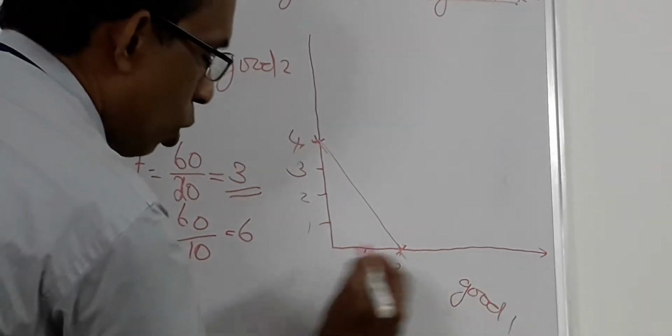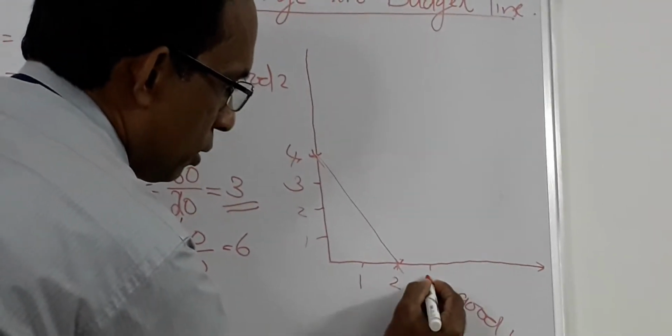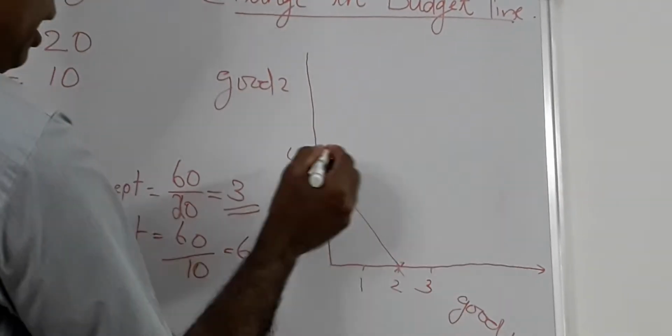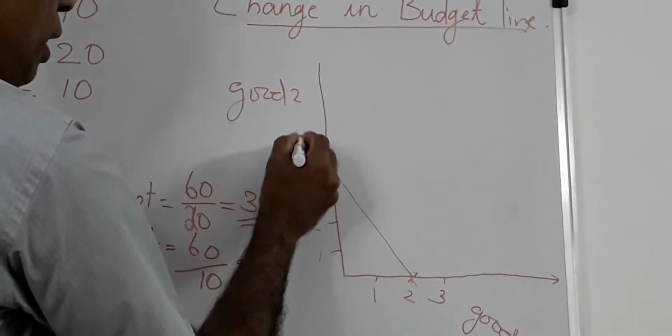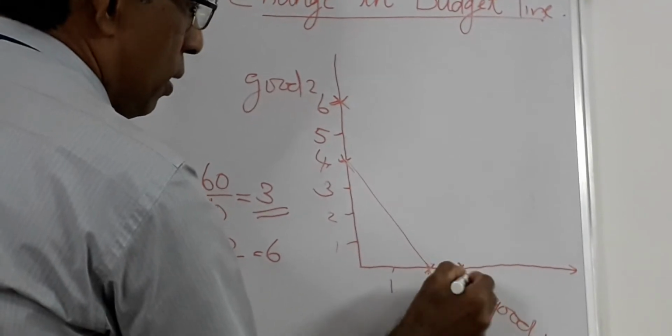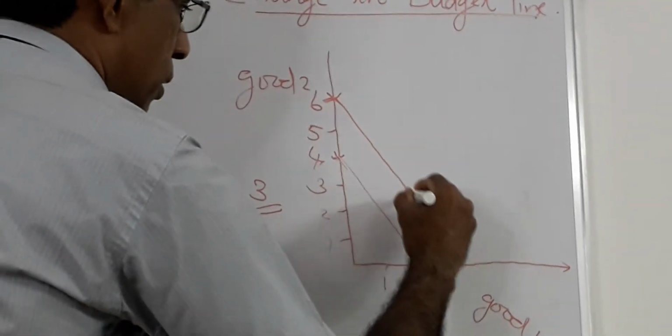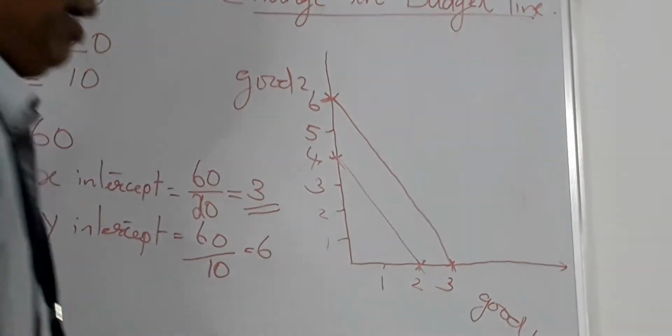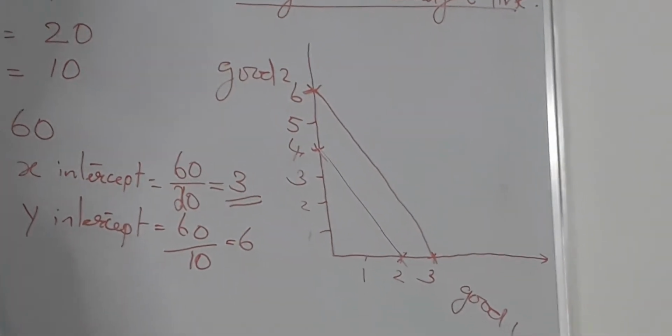So let us draw the budget line. X-intercept is 3, y-intercept is 6. This is the new budget line.